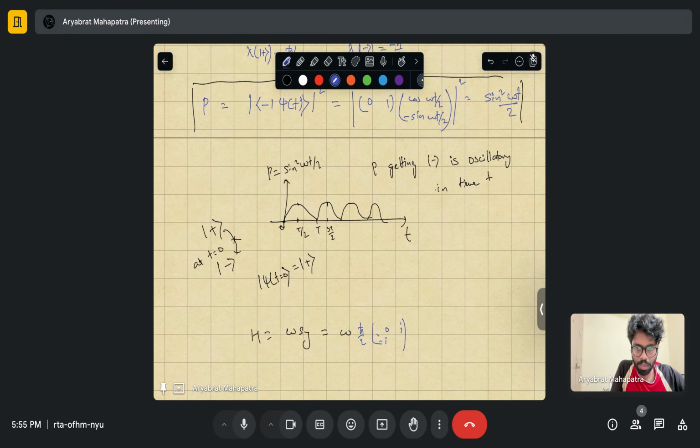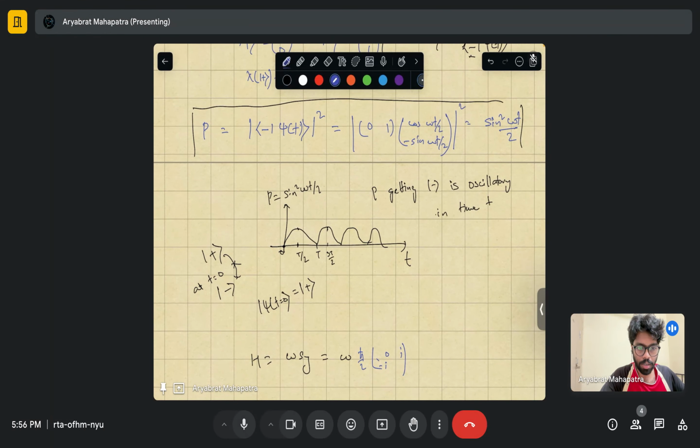But I'm not saying it cannot be an eigenstate of Sx as well. For example, initially in this question, the state was the plus state, which is the eigenstate of Sz, but Sz is some linear combination of Sy eigenstates.